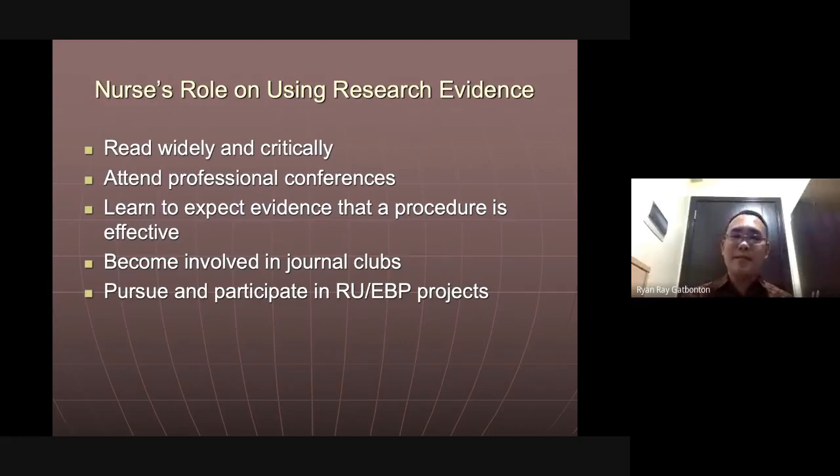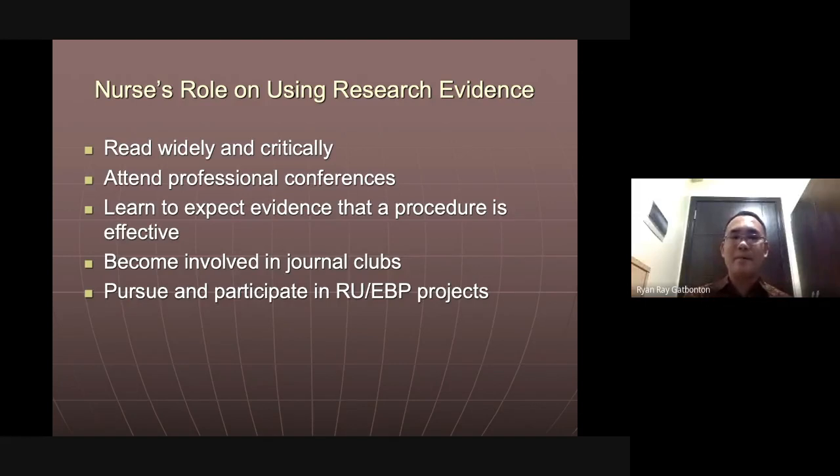So for us nurses, we have a role in using research evidence. No? Number one, we have to read widely and critically. Okay? We also have the responsibility to attend professional conferences because in these conferences we can find emerging researches that could guide our practice in nursing.